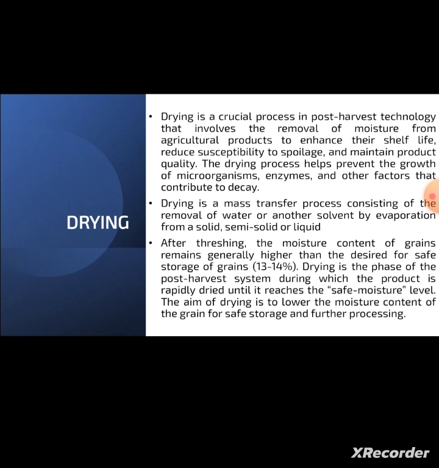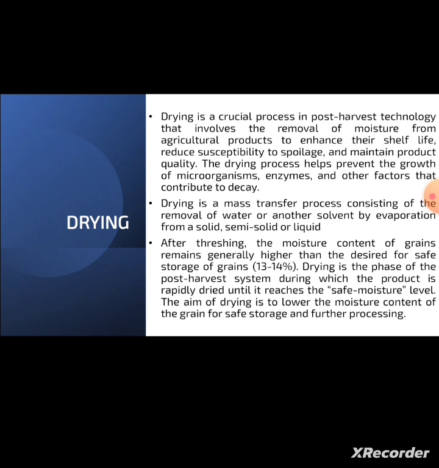Drying is a crucial process in post-harvest technology that involves the removal of moisture from agriculture products to enhance their shelf life, which can reduce the susceptibility to spoilage and maintain product quality. And also, this can prevent the growth of microorganisms, enzymes, or any other factors which contribute to decay of the products.